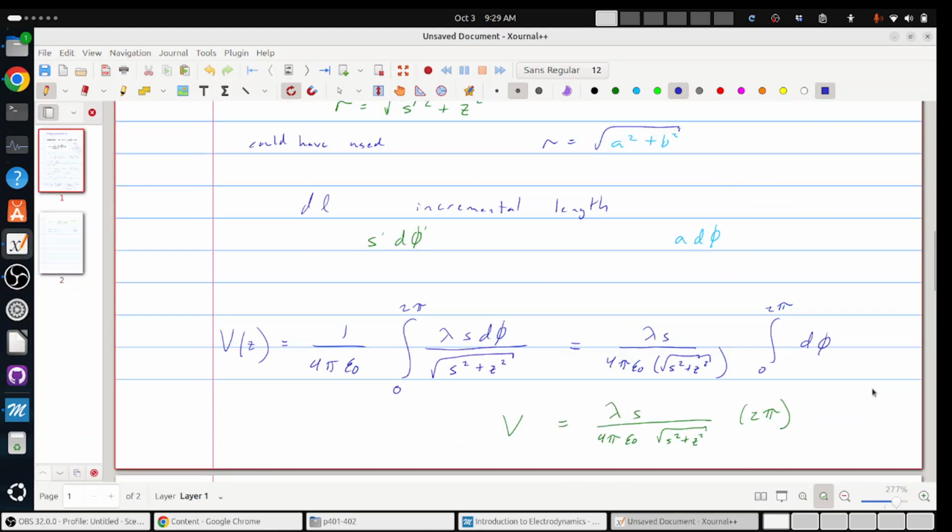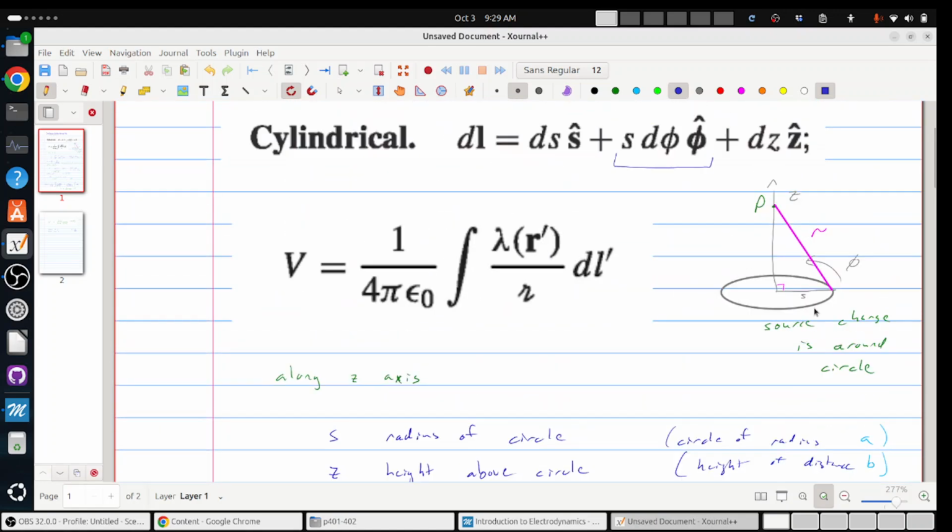Right, the source charge is entirely contained on this circle. The charge is only on this circle. Our point in space is above it, but there's no charge up here. It's only charge on the circle, because this is a linear example.